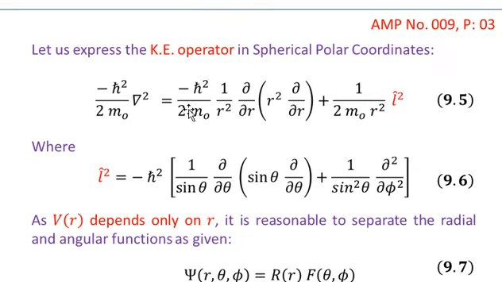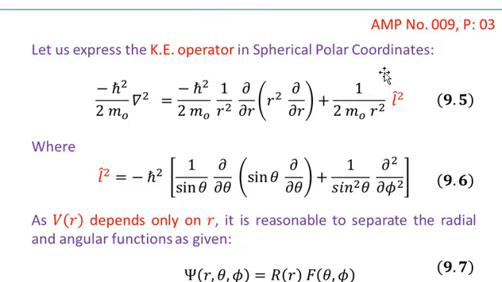And on the right hand side, this is equal to minus h bar square over 2 m naught times 1 over r square times the partial derivative with respect to r, and within the parentheses I have r square times the partial derivative with respect to r, plus 1 over 2 m naught r square, multiplied with the L square operator. So you see that this is the kinetic energy operator represented in spherical polar coordinates.